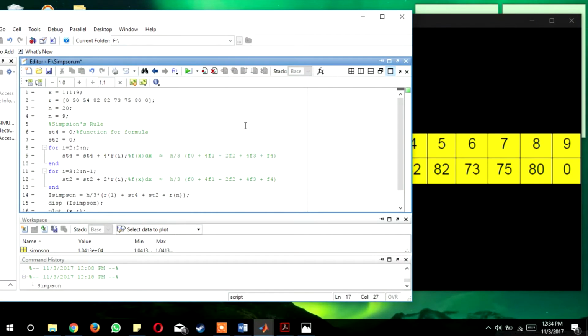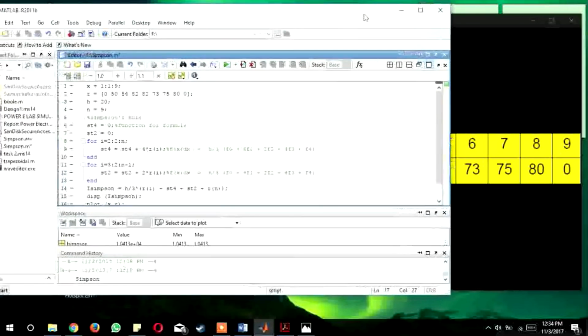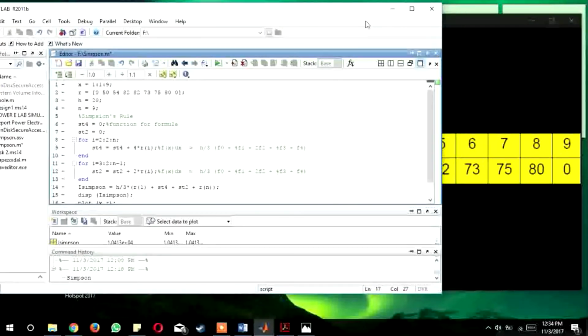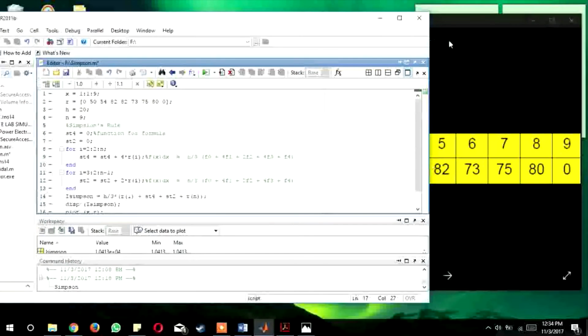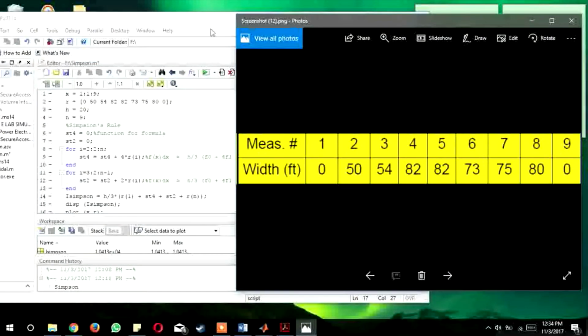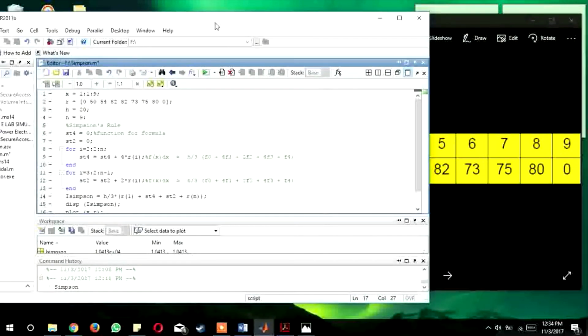Here let me show a little about the simulation that we did using MATLAB. We try to measure the area under the graph using MATLAB. Here we can see x is equal to 1, 1 and 9.